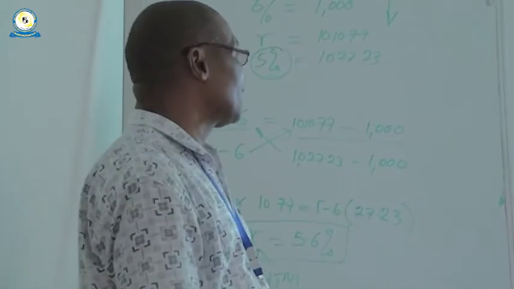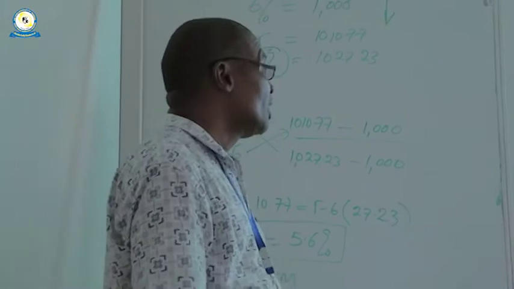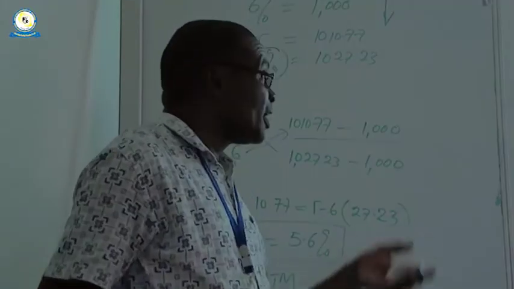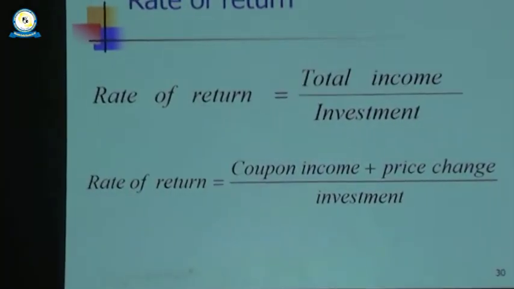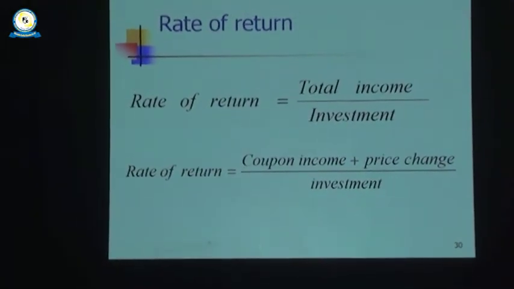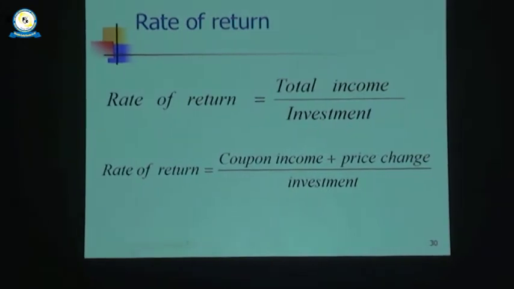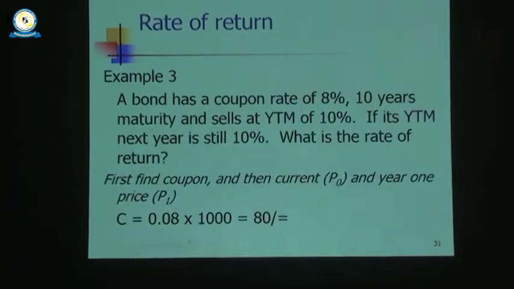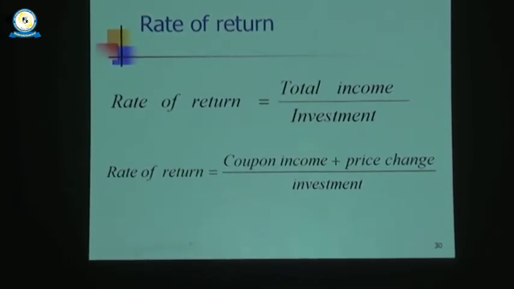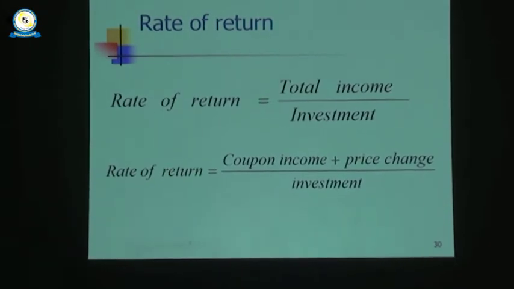After calculating yield to maturity, we end our bond calculation by looking at the rate of return of the bond. The rate of return of the bond is the total income divided by investment.